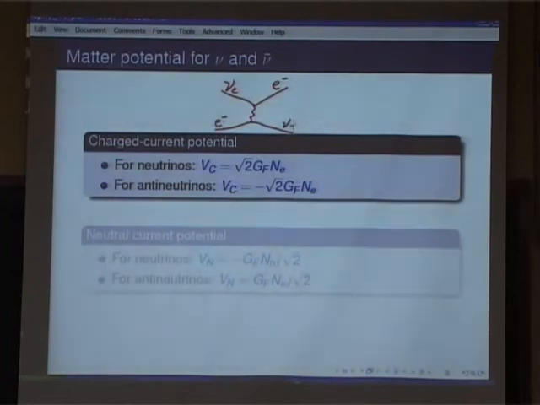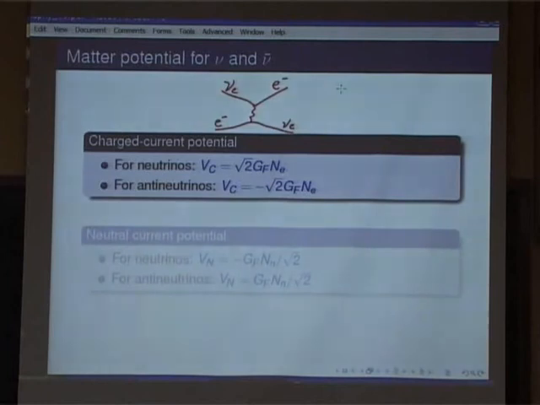So you have to calculate this process. Now, if they are antineutrinos, this process doesn't happen.